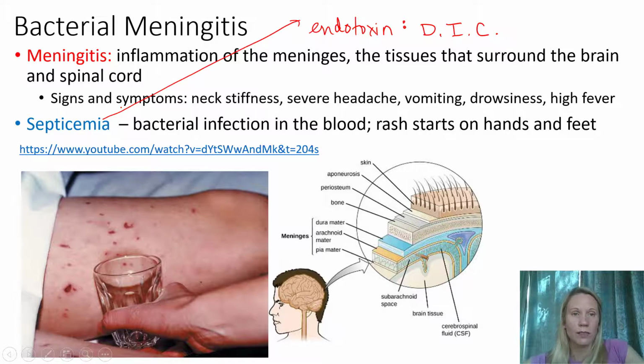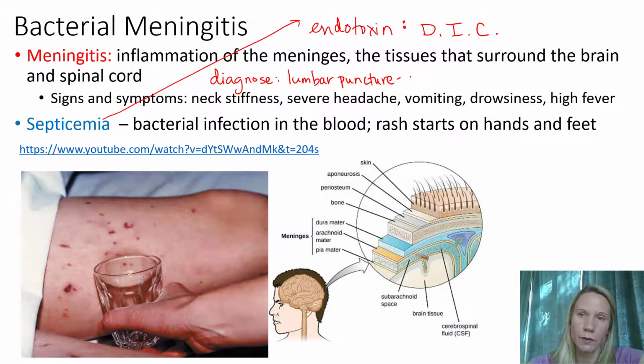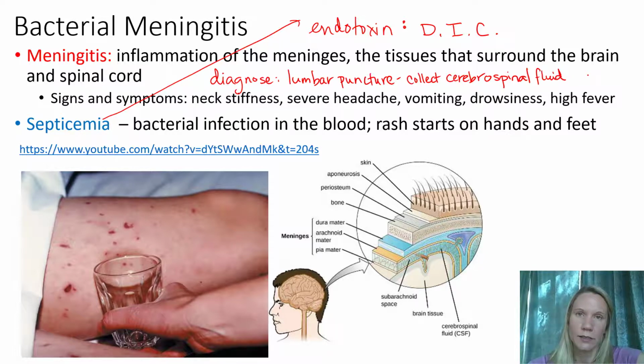So to diagnose, it's called a lumbar puncture, and they're going to collect a type of fluid we call cerebrospinal fluid, the fluid that bathes your spinal cord and your brain, and it will be full of pus, okay?